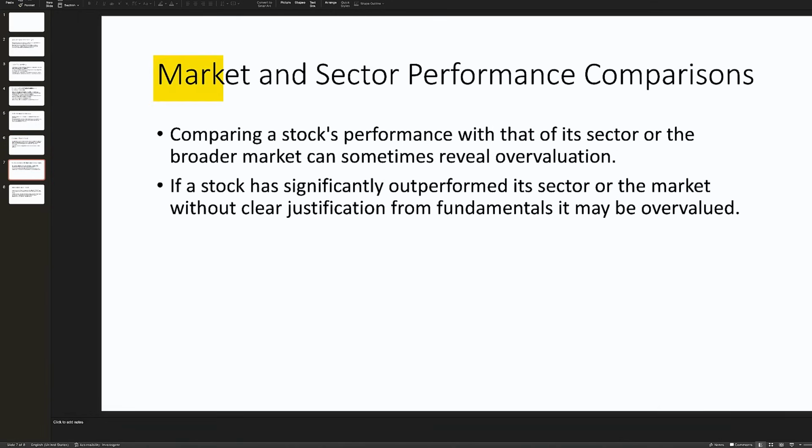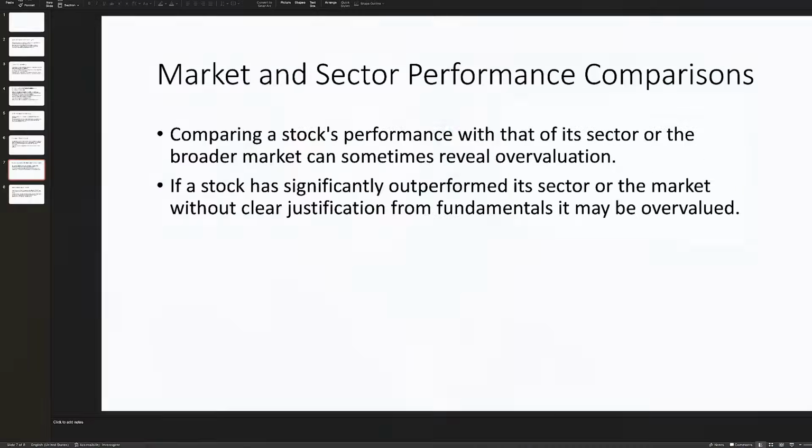But that's the case for short interest. And we have market and sector performance comparisons. Comparing a stock's performance with that of its sector or broader market can sometimes reveal overvaluation. If a stock has significantly outperformed its sector or the market without clear justification from fundamentals, it may be overvalued. So when we look at one stock, let's say it could be car companies, and they're selling roughly the same amount of cars, and their profit is approximately the same, but one is way outperforming the other.